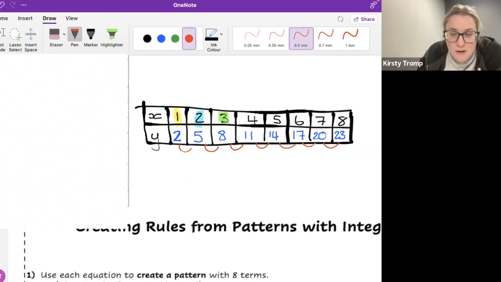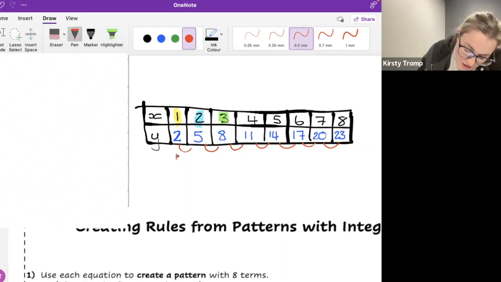Tara Jane's telling me that there's a common difference each time. Tara Jane, can you tell me what the common difference is between each of these? Okay, I see some people are telling me in the chat. There's Tara Jane. Tell me, what's the common difference? Adding 3 every time.